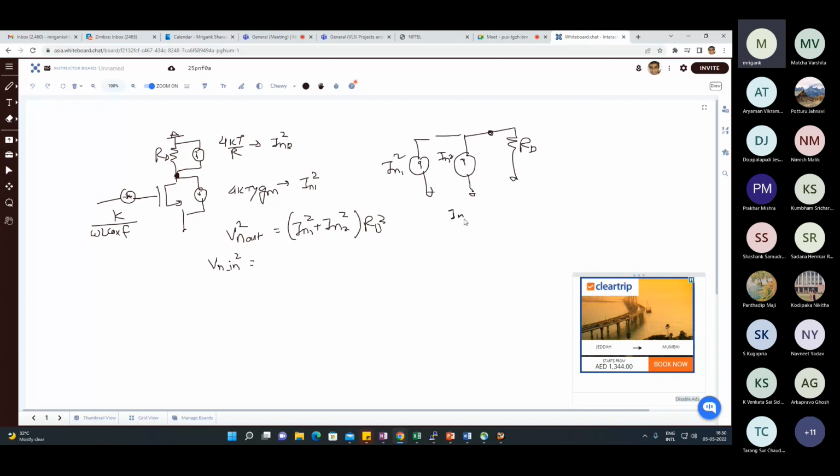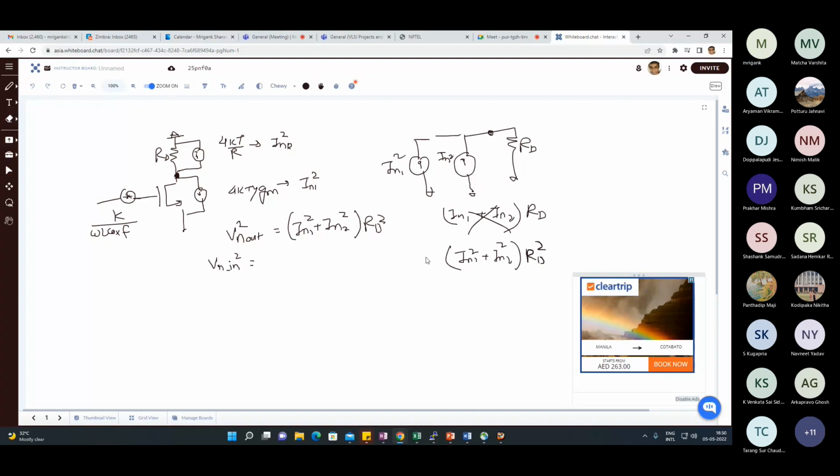If these were deterministic voltage signals, then we would write In1 plus In2 into RD as your output voltage. But in this case, it is a noise signal, so this is not valid. We write In1 square plus In2 square. We have discussed the justification also, that we sum up the power.